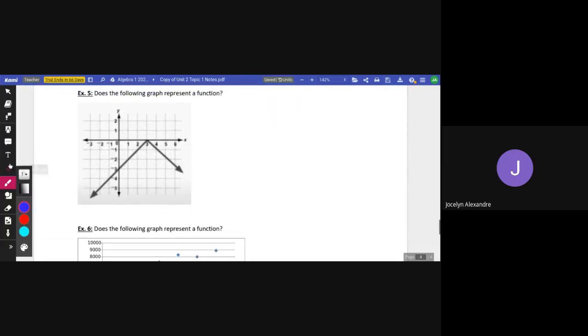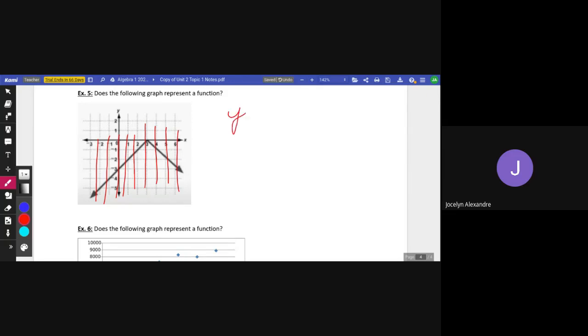Okay, so does this represent a function? Let's see, let's draw vertical lines. So no matter where I draw a vertical line on this, the vertical lines only intersect this graph at one point. So this little upside down V thing, no matter where I draw one of these red lines, the red line is only going to intersect it at one point.